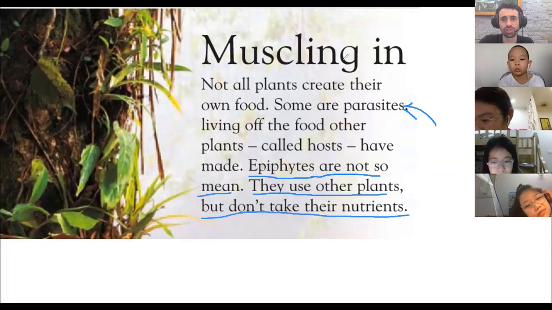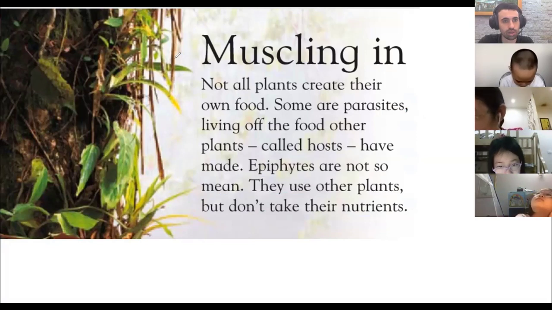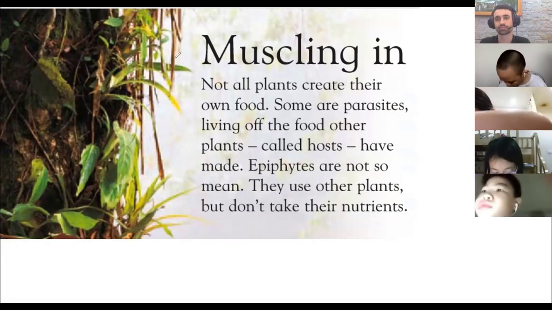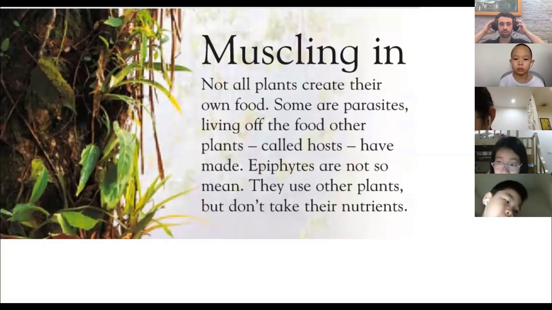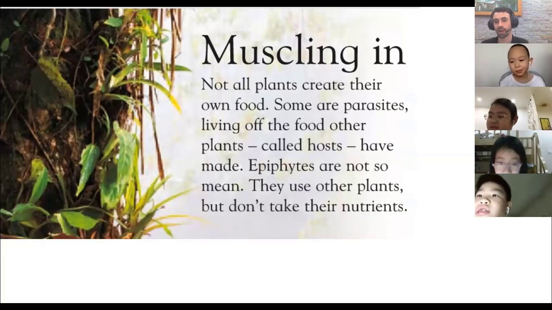What do you think they use these other plants for? What would you use a plant for if you were a plant? What would you maybe use a plant for that isn't food? Have you ever been in a crowd full of people, and have you ever been on your parents' shoulders?